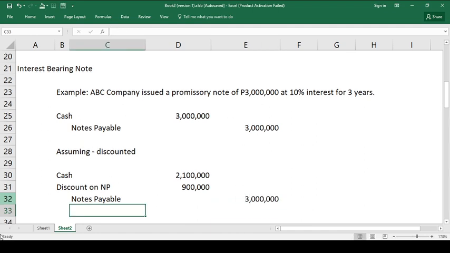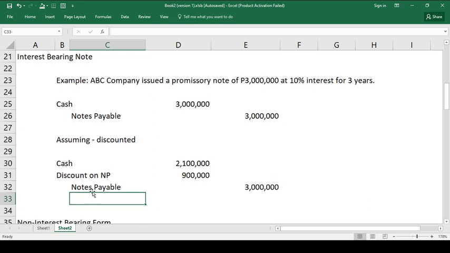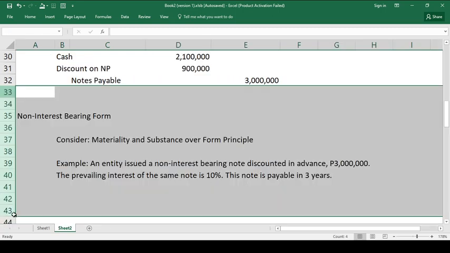Sir, what if nagbayad na ng interest? If the payment of interest, lagyan po natin ng space dito.